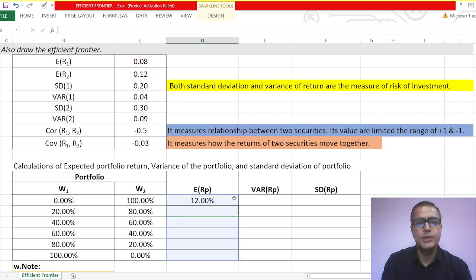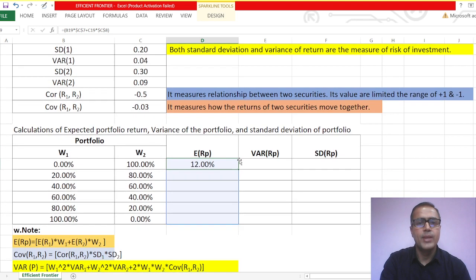Then enter. When you are investing 0% in 1 and 100% in 2, it will provide you the 12% expected return. Then you just drag this, and you can find the expected return on the portfolio.